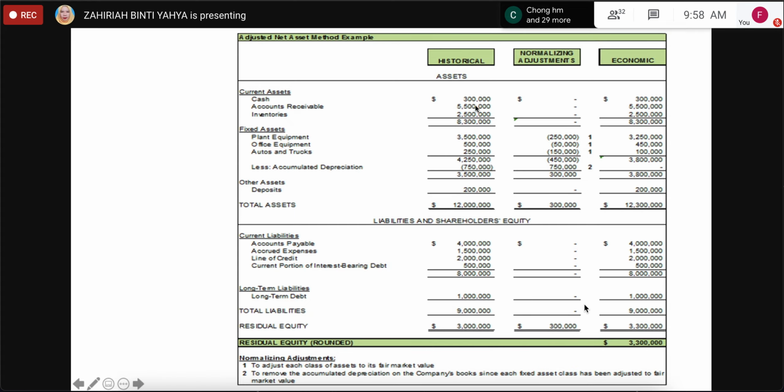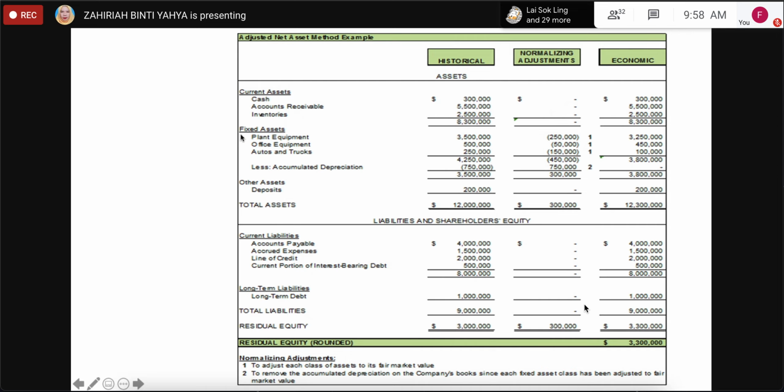Account receivable 550,000. So kita kata tak ada yang akan jadi bad debts ke apa ke, is still 5.5 million. Inventories ya, stok yang ada, 2.5 million, is still 2.5 million. So this one tak ada adjustment kita buat ya.